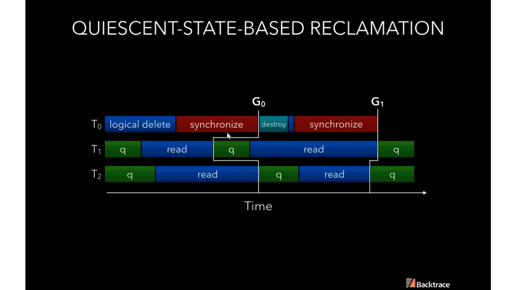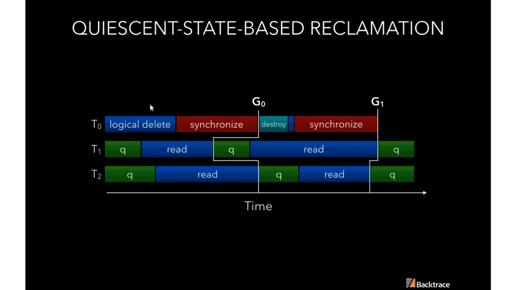And essentially what synchronize does, so over here you have thread 0, which is a writer, thread 1 and thread 2, which are readers. The green items are essentially idle states. So at these points in time, the threads are not doing any work. And the blue blocks under the read side are active read side operations.